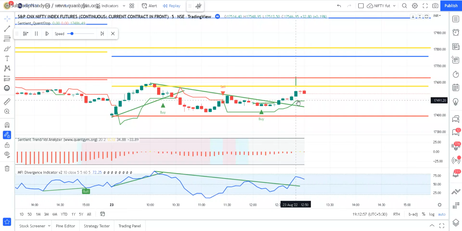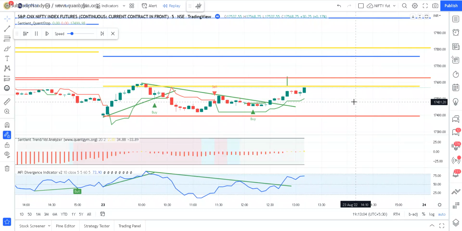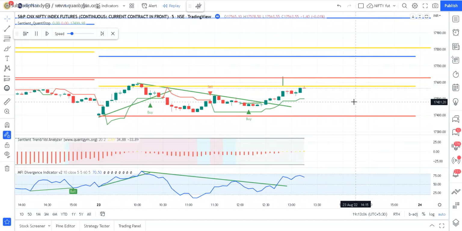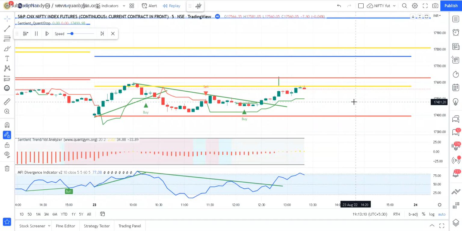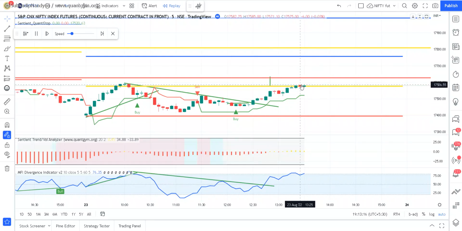You're moving up, your stop loss is also getting moved up. It hit the balance. So according to our previous logic, if you actually did buy here, you could have booked some profits out here.